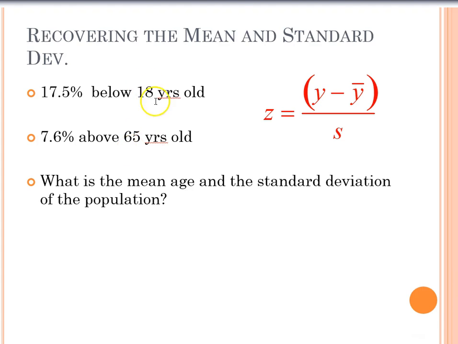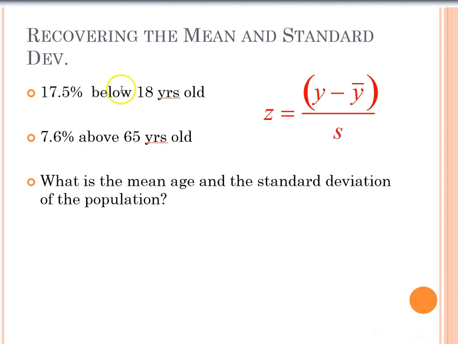So these are just two observations, but what we can do is use this z-score formula to find the mean and standard deviation of the entire population. To start, we need to find the z-score that's associated with this lower 17.5%, as well as a z-score that's associated with 7.6% above.